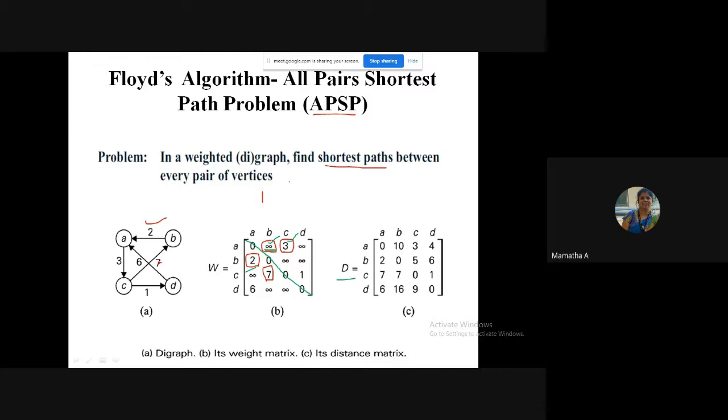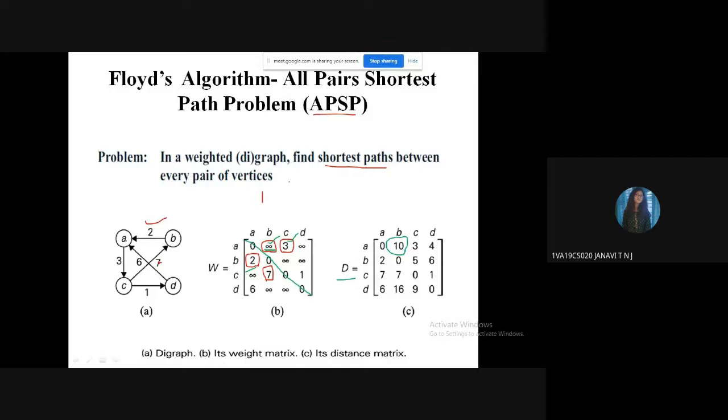A to B, I wrote infinity, meaning there is no edge. But in this matrix, now I write 10, because there is a path from A to B whose weight is 10. So let us observe where the path is. Can anybody guess the path from A to B?